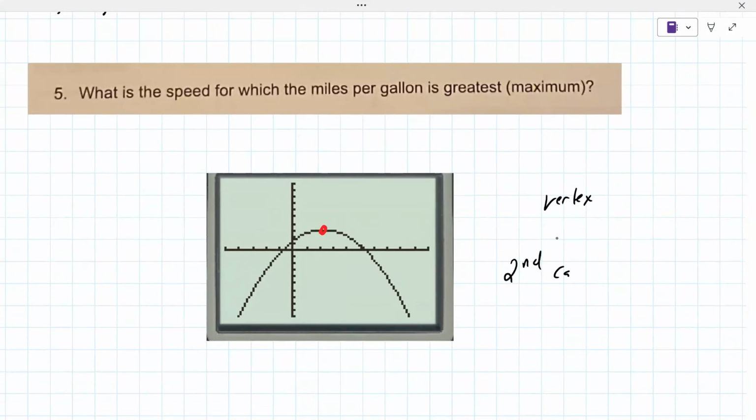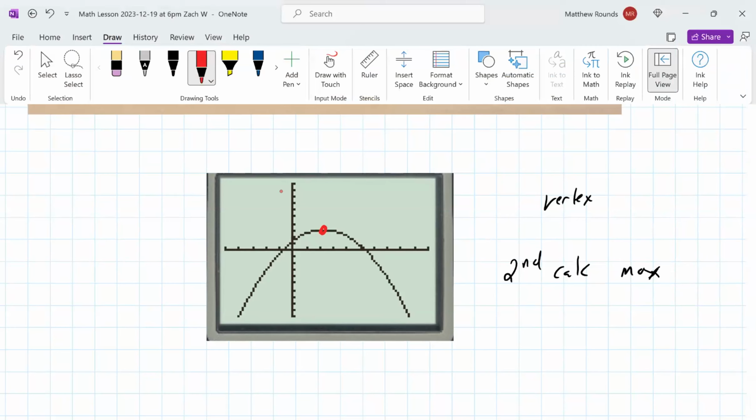It's second, calc. Where is calc? It's on the top row there. Second calc, maximum. Enter.